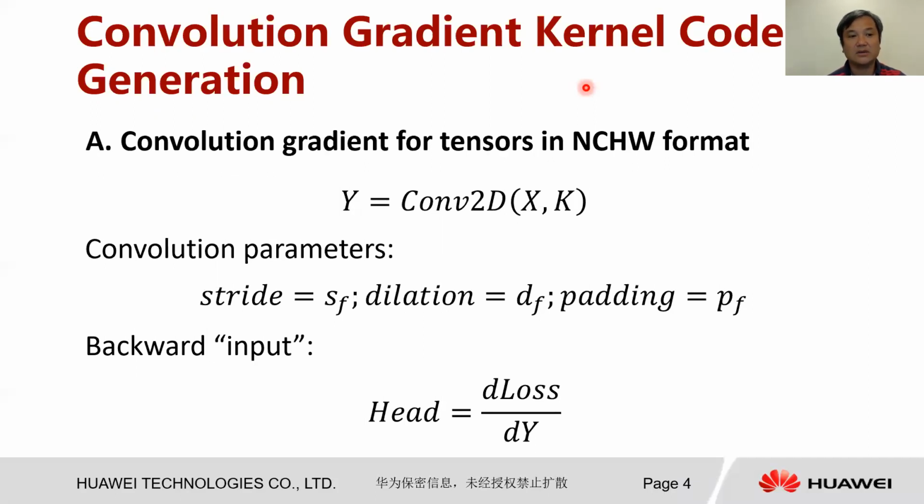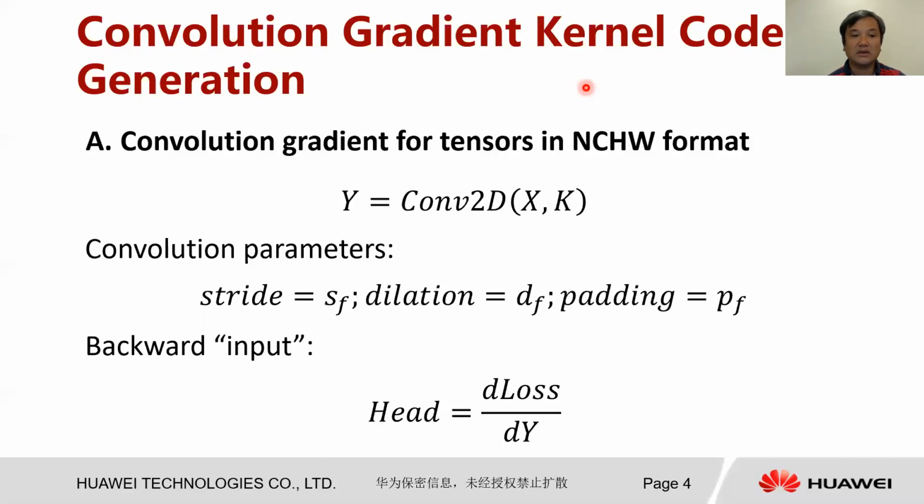In the forward, one of the most popular ways to achieve y is using image-to-column and matrix multiplication. It means that y equals the matrix multiplication of the image-to-column of x and k.